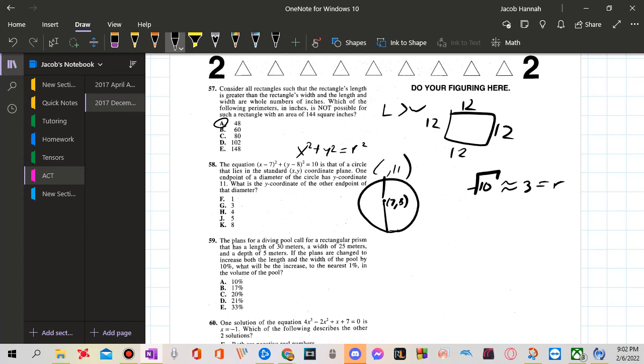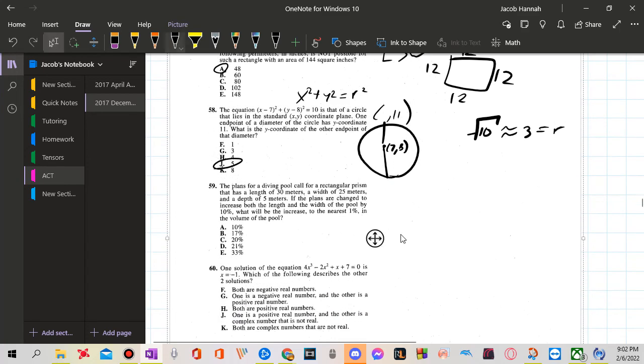If we add 3 to the y, then we get 11. If we take 8 minus the radius, then we get roughly 5. So 5 is J. Alright, cool. That wasn't so bad. You just have to know the equation of the circle.